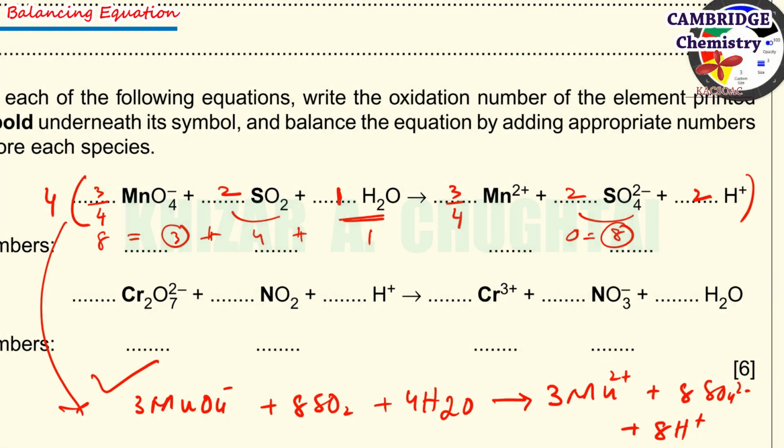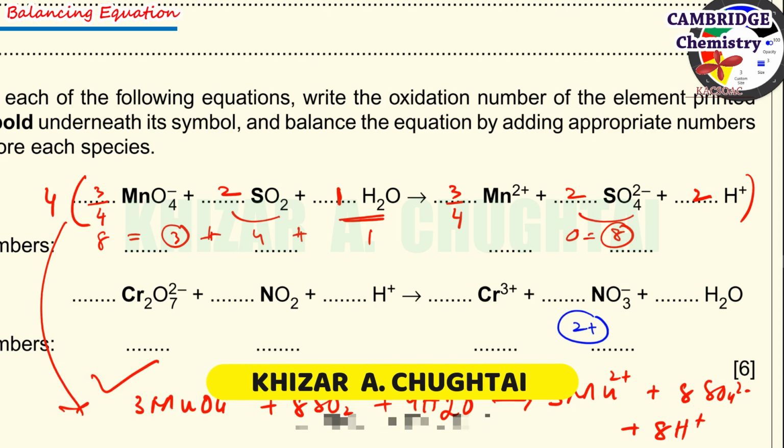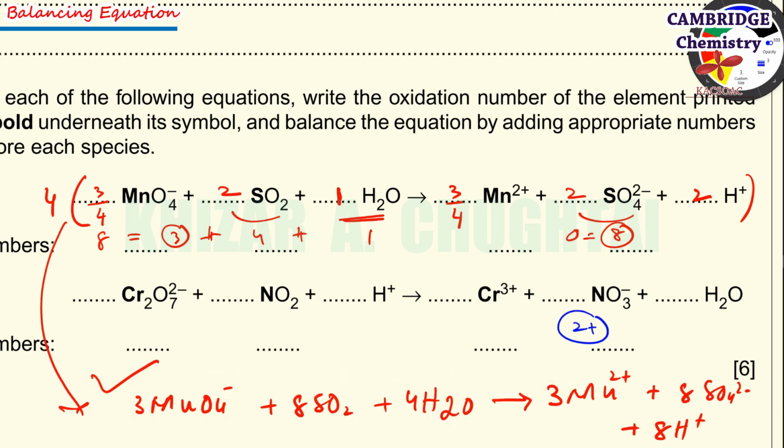Here, let's balance the positive charges on both sides. Here 3 positive, 1 negative, basically 2 positive on the right hand side, and here is a 1 negative on the left hand side. So I'm going to multiply hydrogen with 4 to make overall charges 2 positive on the left hand side.